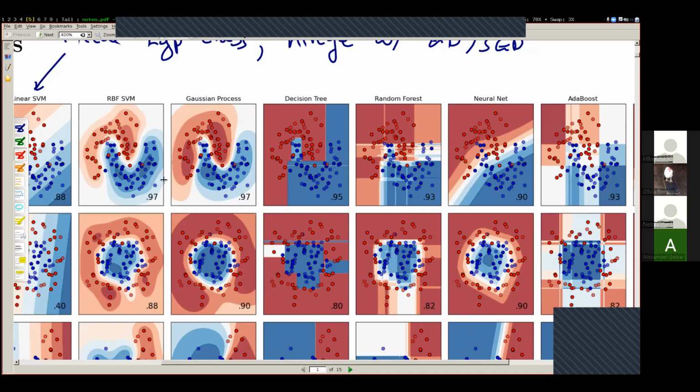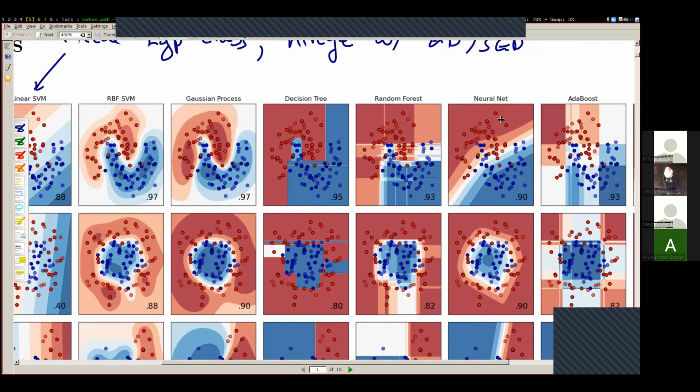All of these models have various things that control their complexity, that control their VC dimension. And so we can get a decision tree with a VC dimension basically the same as any neural network we want. Why would we choose a decision tree over a neural network or vice versa? It's not because of the generalization error.